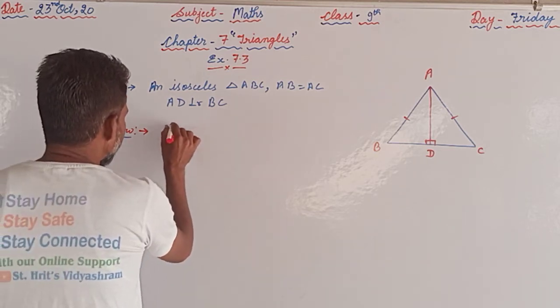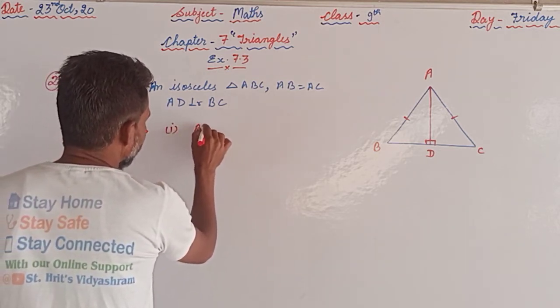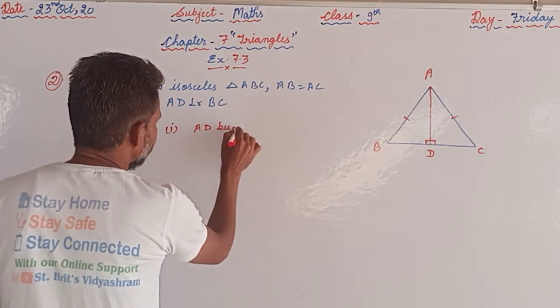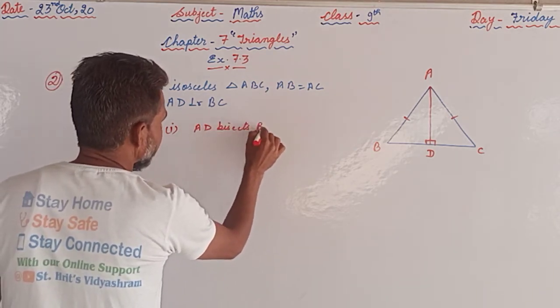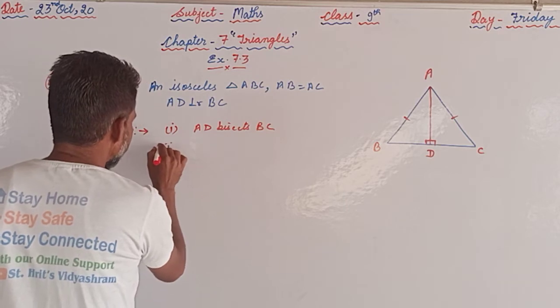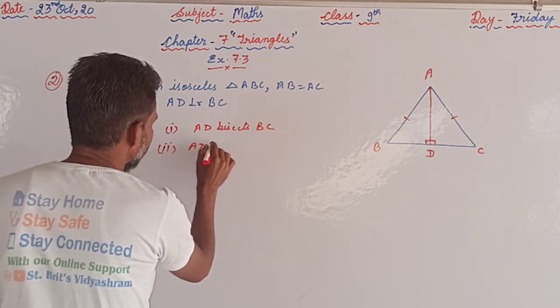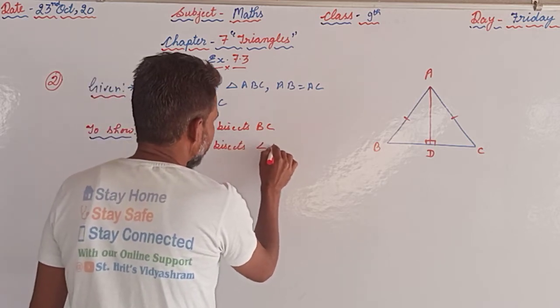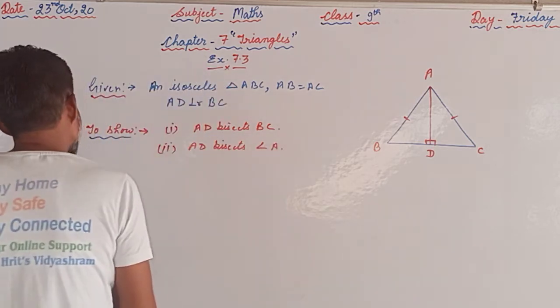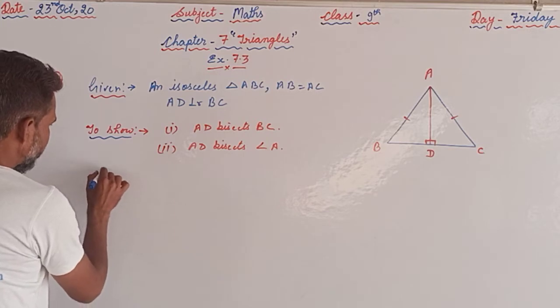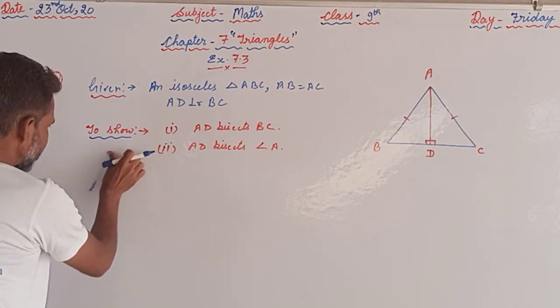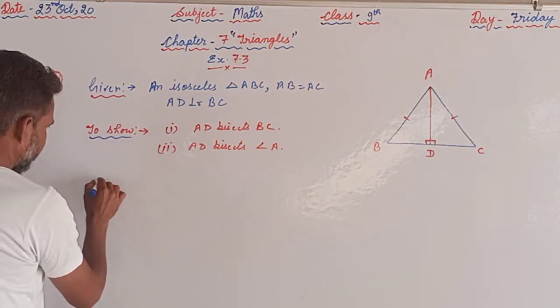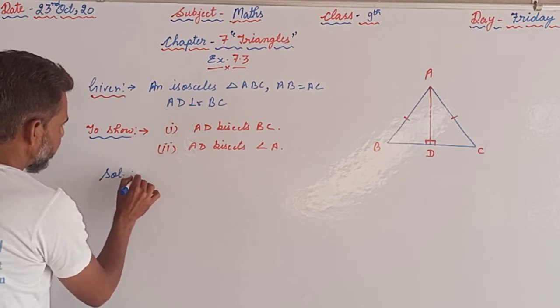We have to show two parts. First, AD bisects BC, and second, AD bisects angle A. So now the proof or solution, because here we have to show.